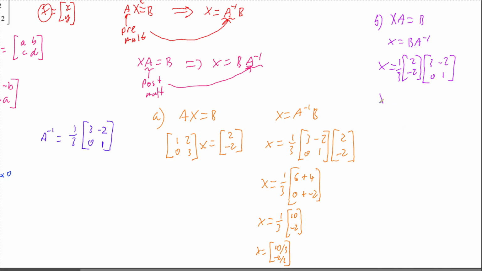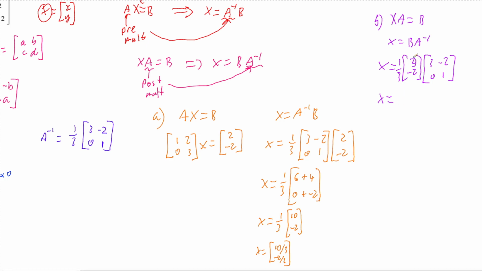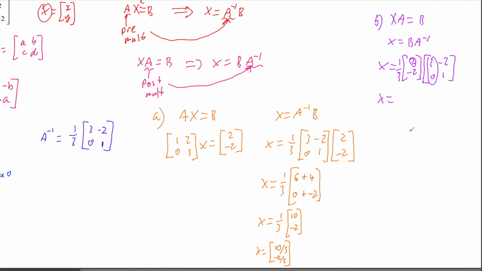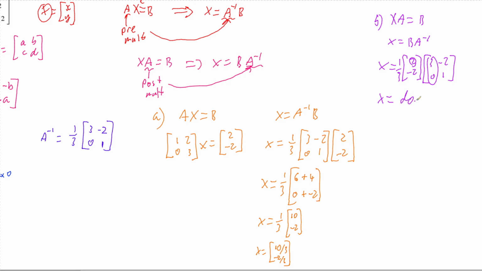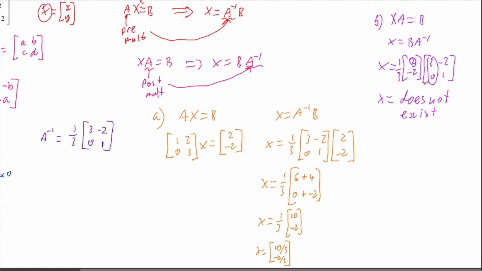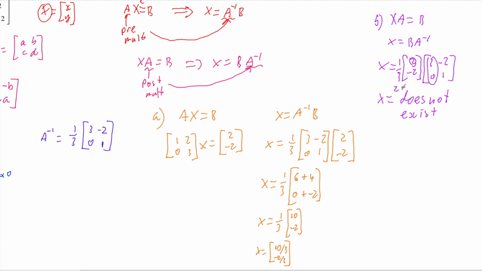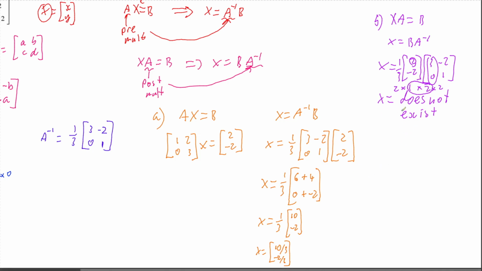Now if I try to do this multiply, I've got to multiply this row onto this column, and it doesn't work. So for part B, X does not exist because I can't multiply that. If I think about my test, it's a 2x1 matrix multiplying onto a 2x2 matrix, and these two numbers don't match. Therefore, there's no solution to part B.